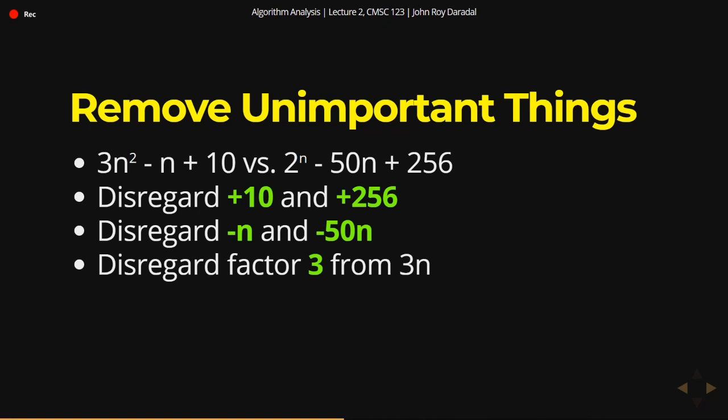And we can also disregard the factor 3 from 3n squared. So really what we're left with is n squared versus 2 raised to n? Okay, so algorithm A is essentially n squared and algorithm B is essentially 2 raised to n. That is why we chose algorithm A to be better in general because n squared is faster than 2 raised to n, right?